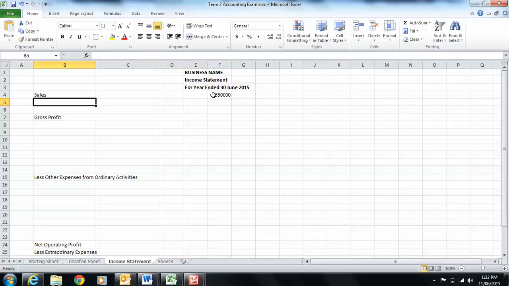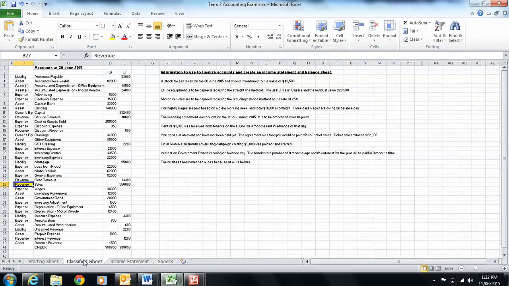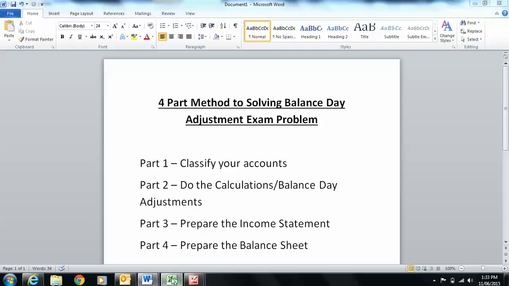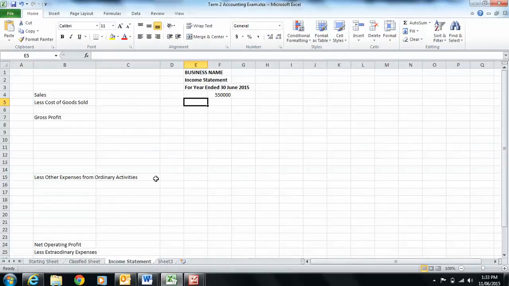Now, after sales, we always take out our cost of goods sold. So if you have a look over here and see cost of goods sold, $255,000. Pop that in.